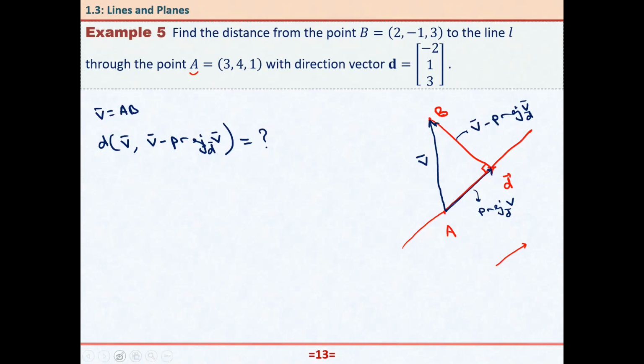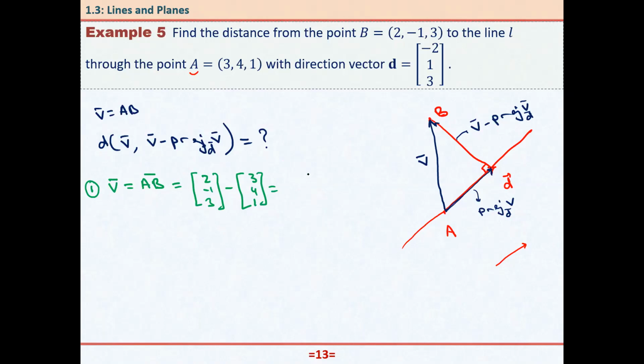In the first step, let's determine vector V. Vector V is just vector AB, which is OB minus OA. Here OB is (2, -1, 3), minus vector OA, that is (3, 4, 1).